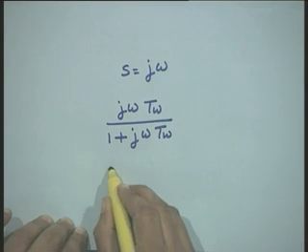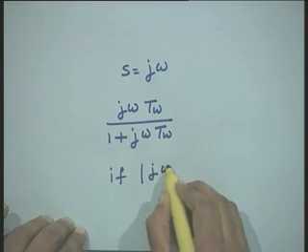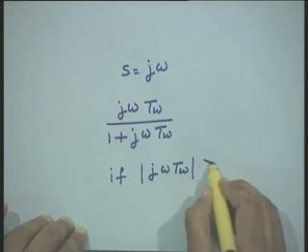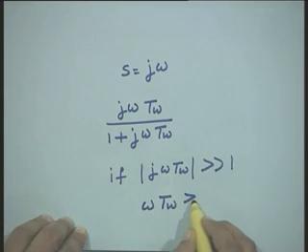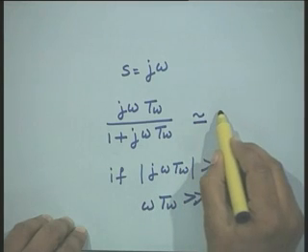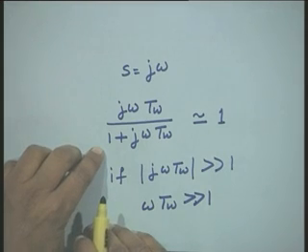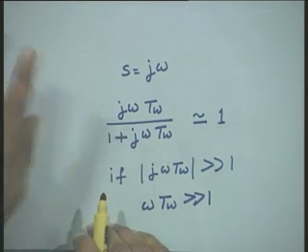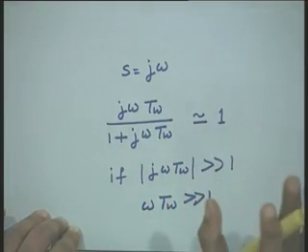Now, if the magnitude of j omega T W is very large as compared to 1, in that case this transfer function has a gain equal to 1, because 1 plus j omega T W can be written as j omega T W, and therefore this transfer function will behave as if its gain is equal to 1.